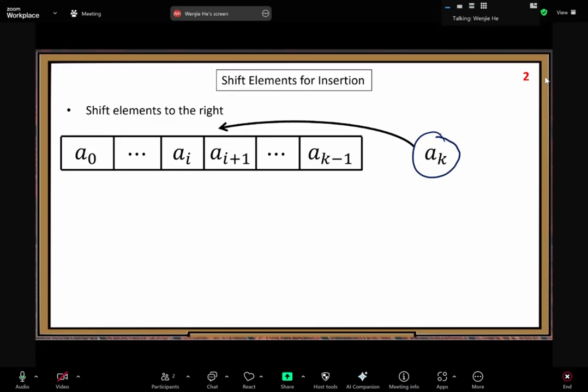But after that, in order to place this new element at its right position, we need to find an empty location for it, right? That location must be empty. Otherwise, if that location is occupied, you cannot put it there, right?